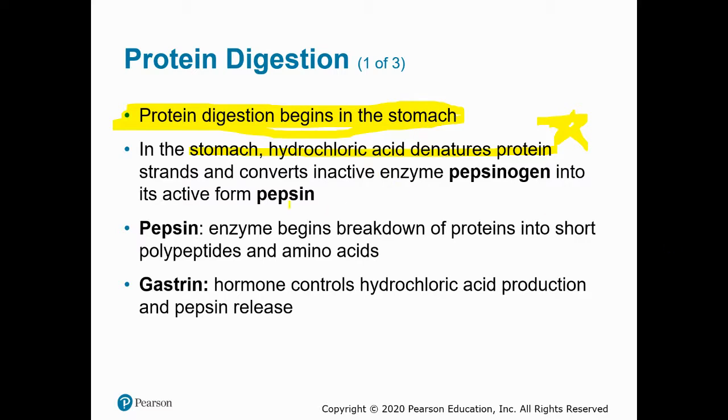Remember, the hydrochloric acid also activates pepsin from the precursor pepsinogen. Pepsin begins the breakdown of proteins into short polypeptide chains and starts to slough off some individual amino acids. And then remember, gastrin is another digestive hormone that controls the release of hydrochloric acid, as well as pepsinogen.